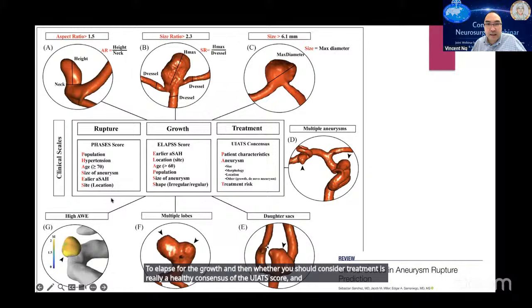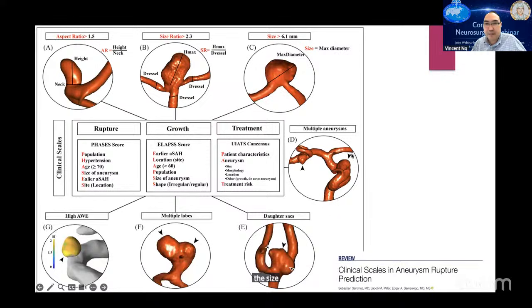And this neatly summarizes the current clinical scores that we use. Surrounding it will be the various factors that I consider looking at in the aneurysm, be it the aspect ratio, the size ratio, the maximum diameter, and the various other factors that you see here.